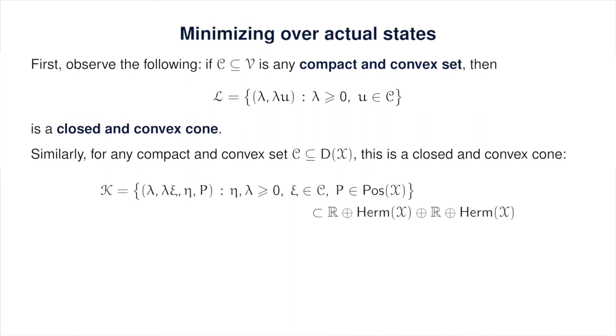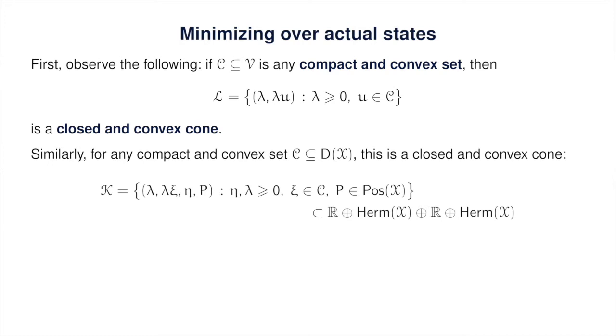Using the same idea of allowing a convex set to define a convex cone that we just saw, we'll define a cone K as follows. The first coordinate of K is λ, and the second coordinate is λξ, ranging over all non-negative λ and all ξ in C. So the first two coordinates play the same role that the two coordinates in the cone L play for whatever specific choice of a closed and convex set C of density operators we happen to be interested in.